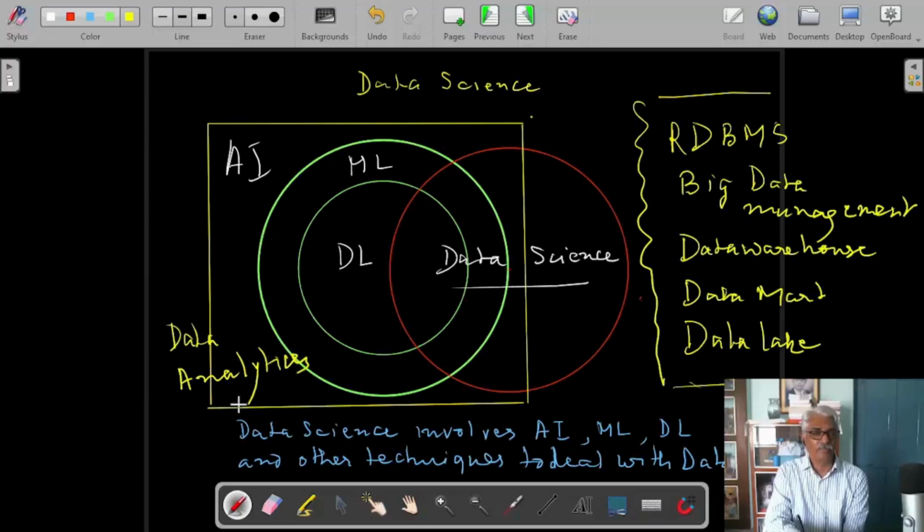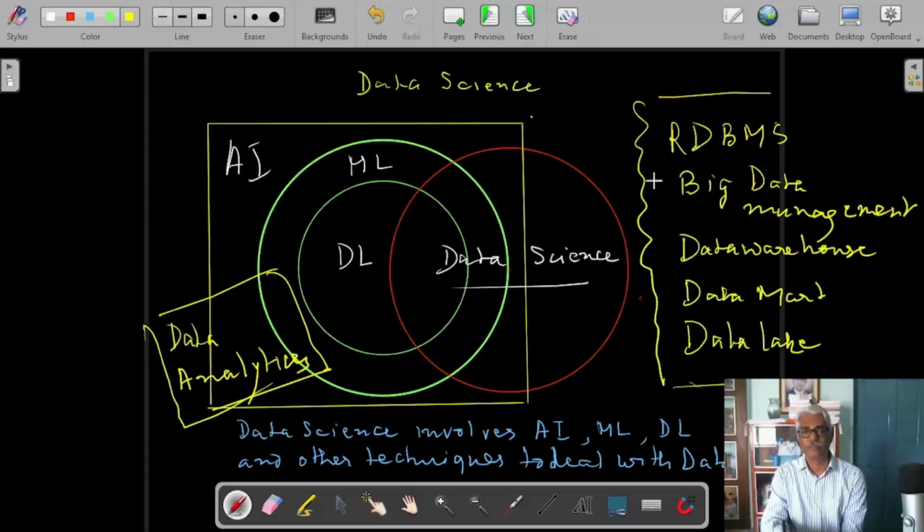We will have separate sessions for all these things. So data analytics is also involved when we discuss data science. So that's all about it.